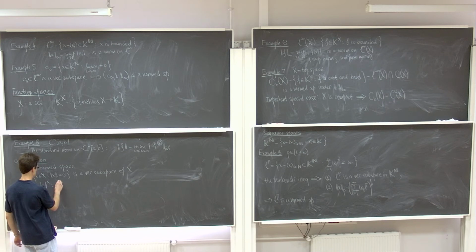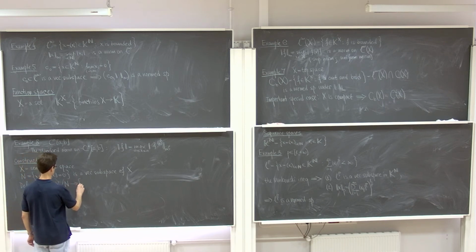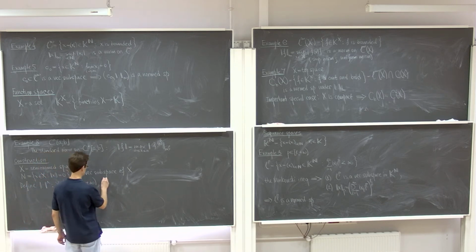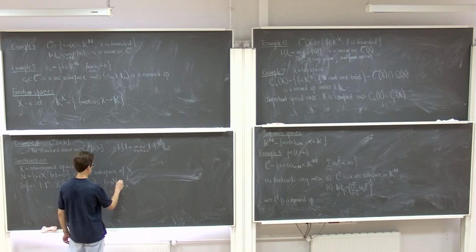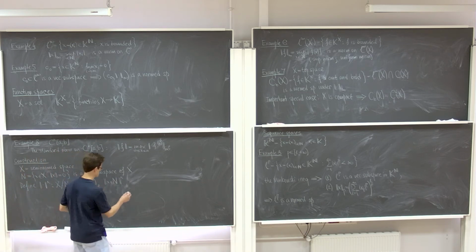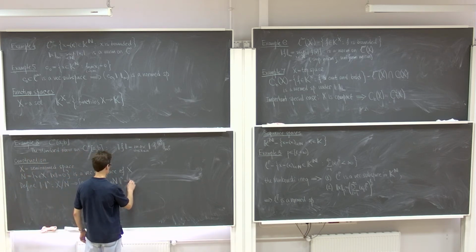So this will be a norm on the quotient of X modulo N. And this norm is given by the following simple formula. If we take an element of the quotient, that is a coset of x modulo N, the norm of this element will be just the semi-norm of any representative.